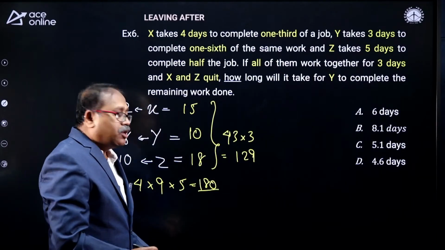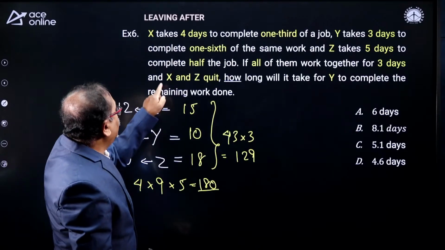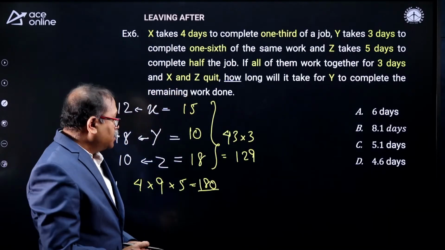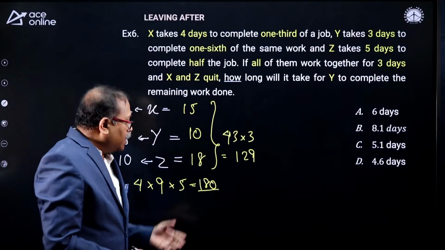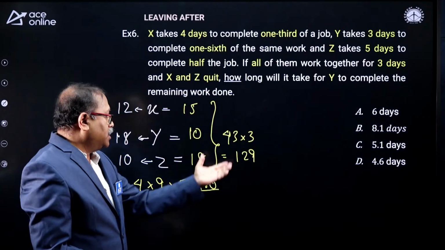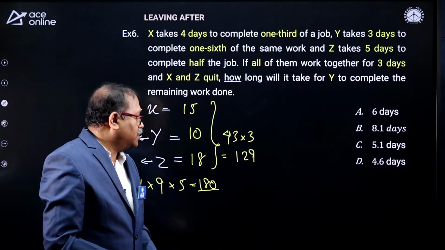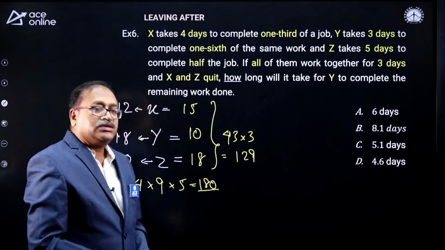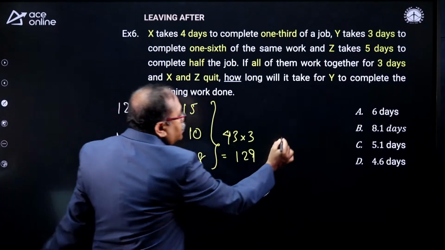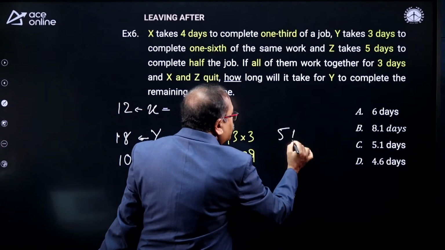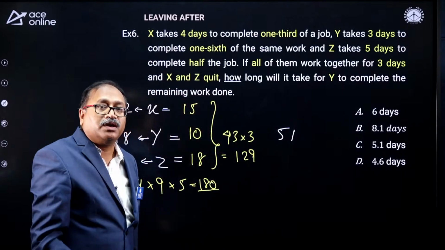What is the number of units left when X and Z quit? 180 minus 129. Let's take it this way: 180 minus 130 is 50, plus 1, so 51 units. So 51 units are left now. If 51 units are left, who is the person who is going to complete these 51 units?